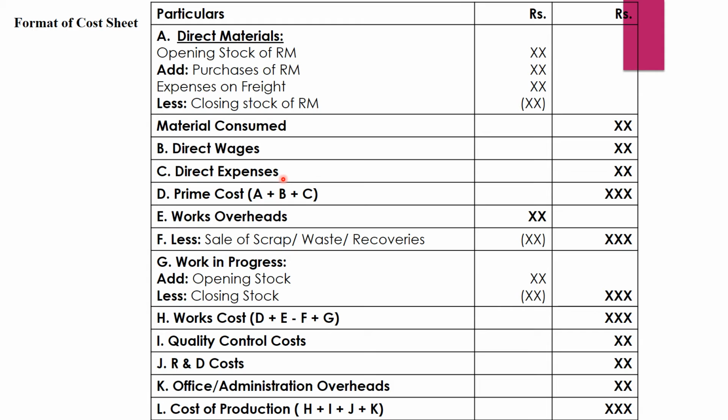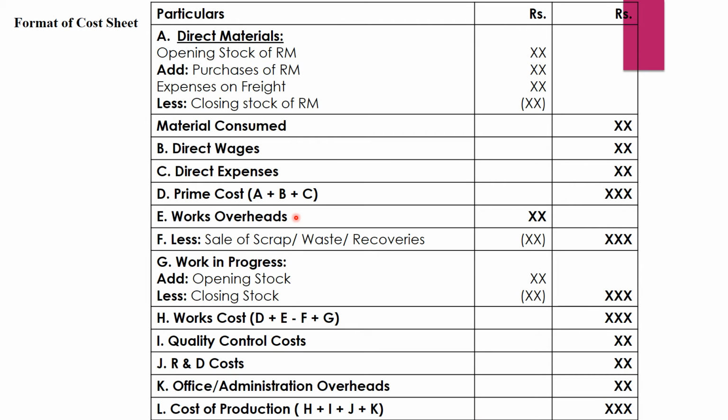Again, direct expenses related to the production are added here. And ultimately, we compute here prime cost, A plus B plus C. That means A is the direct material, B is direct wages, and C is direct expenses.